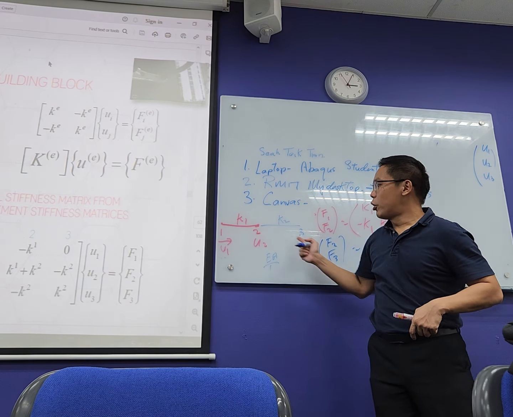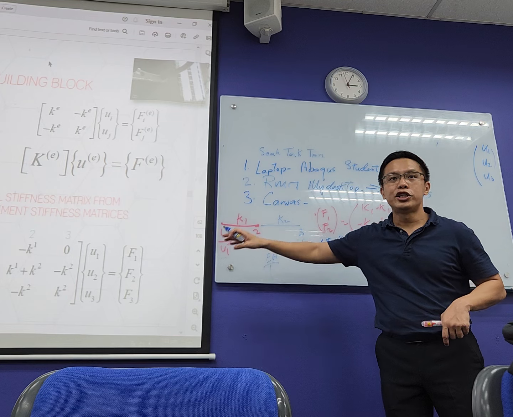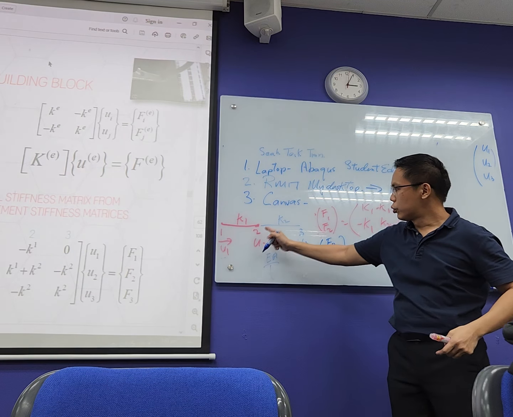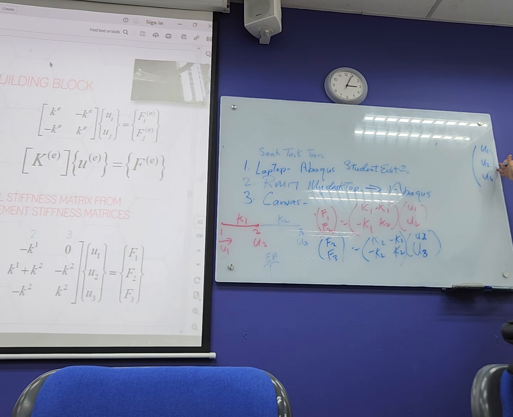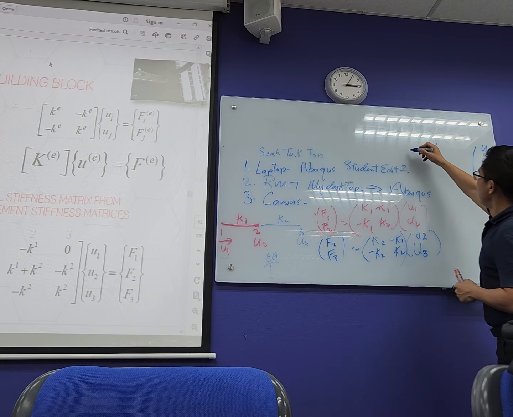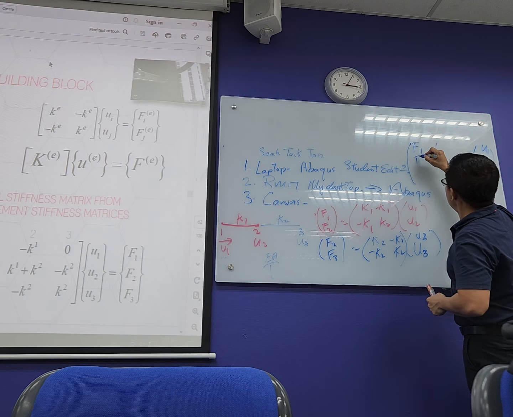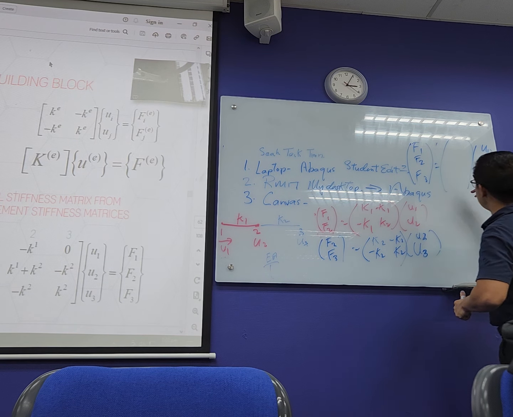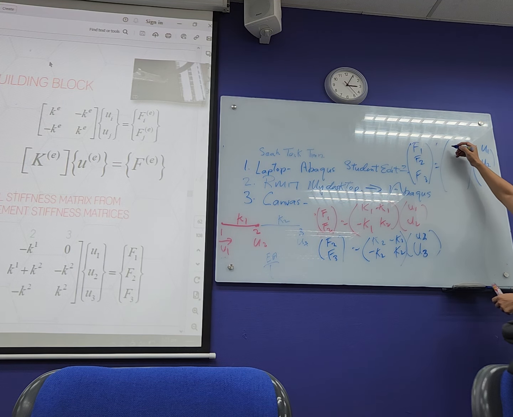So in this body, there are 2 elements. Each element, front and back, is free to move, a degree of freedom. Node 1, node 2, node 3: U1, U2, U3 because they are free to move. And on top of that, at each node, you can apply a what to it? Force. Okay, so it will be F1, F2, F3. The stiffness is K1.